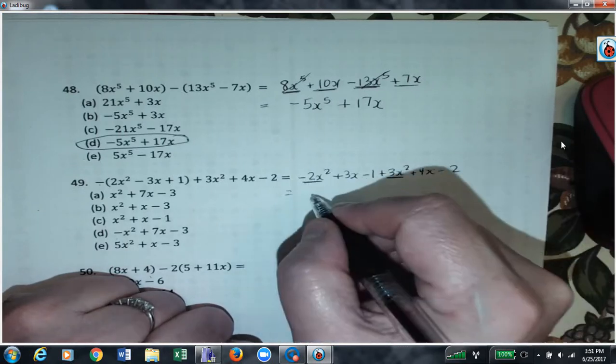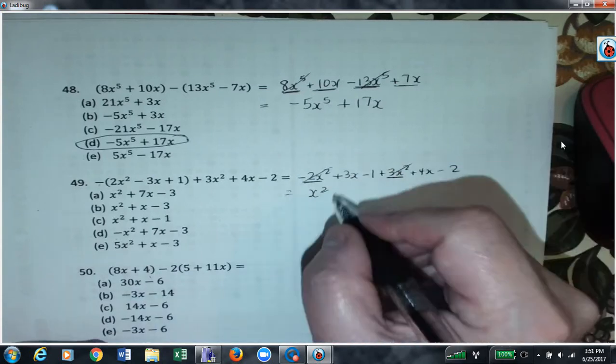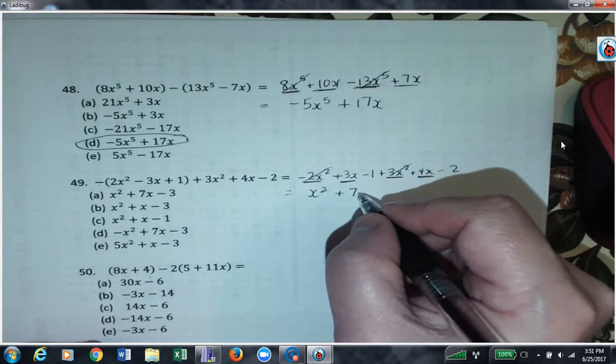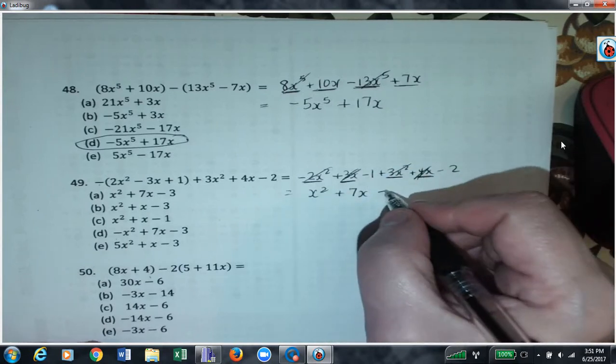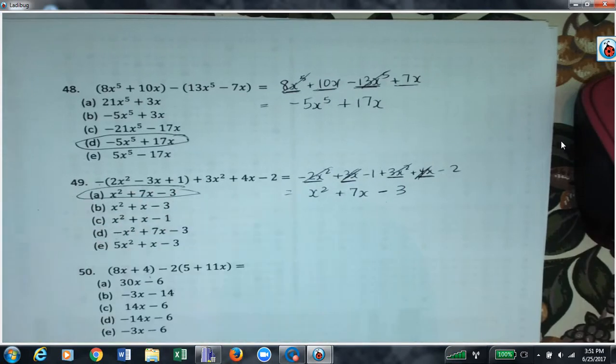So negative 2 plus 3 is positive 1, so that's 1x squared, which is just x squared. Then I have 3x plus 4x, so that's plus 7x. Then I have negative 1 minus 2, so that's minus 3. So that's what I'm looking for, and that will give me selection A.